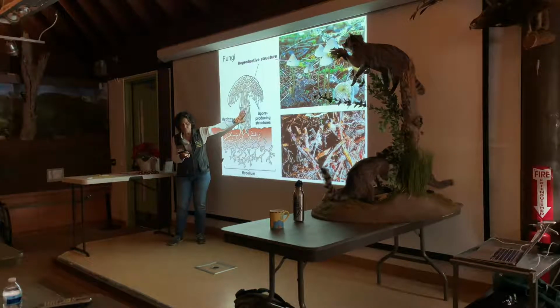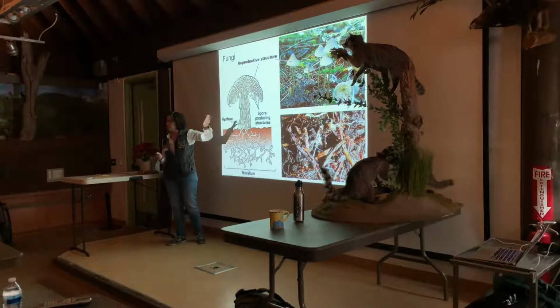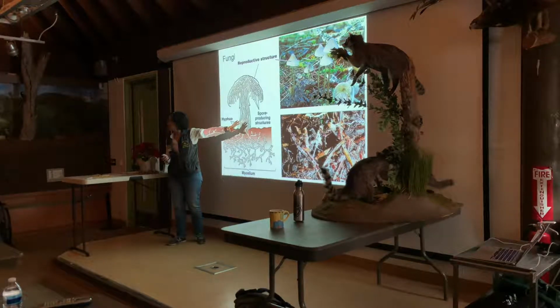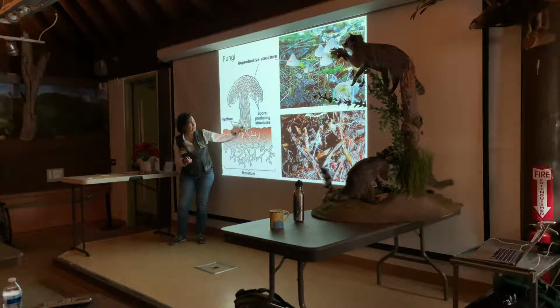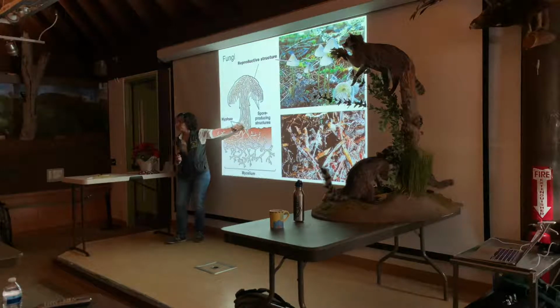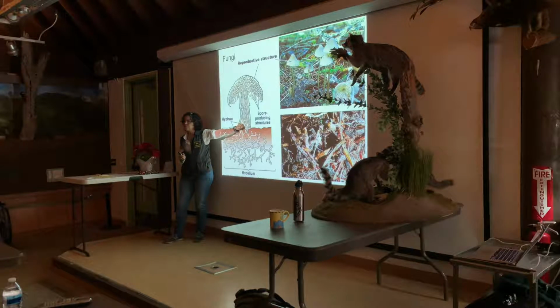Okay, so the mushrooms, we only really see them when they're ready to release their spores, usually after it rains, because what'll happen is there'll be a little initial thing sitting under the surface, waiting to grow, like a little microscopic mushroom.